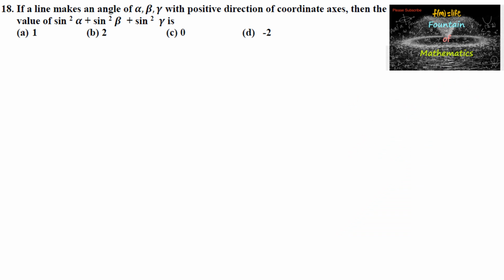If a line makes an angle of alpha, beta, gamma with the positive direction of coordinate axis, then the value of sine square alpha plus sine square beta plus sine square gamma is.